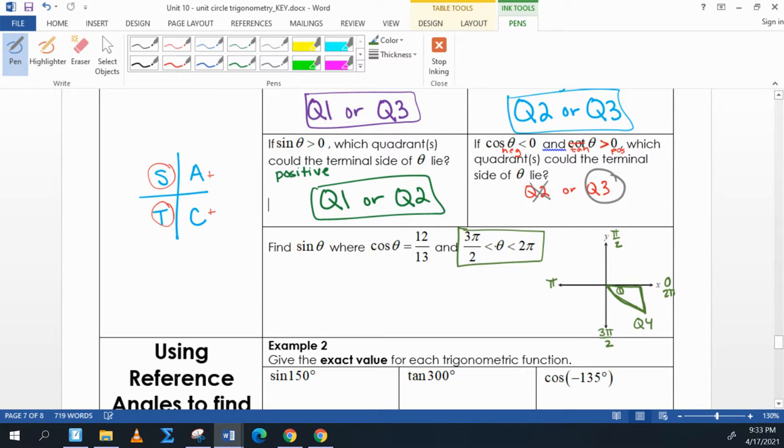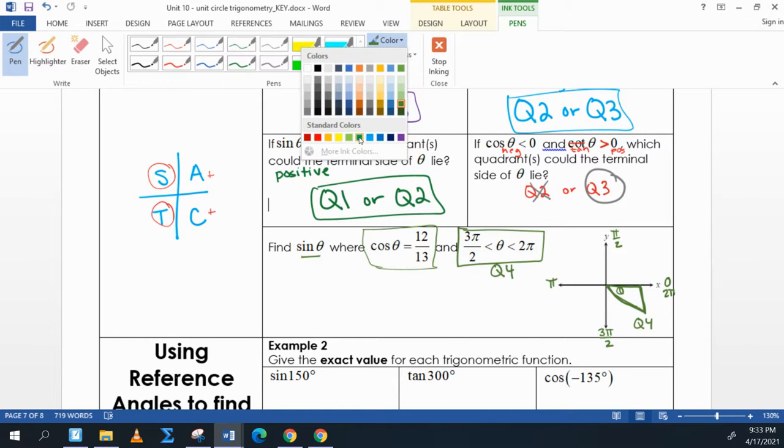So that's what this tells me, that my triangle is in quadrant 4. Other than that, it's going to tell me a little bit about the signs. Notice that the cosine is positive in quadrant 4, and they gave me the cosine. It was positive. However, my tangent and my sine, they're asking for the sine, are both negative. So I'm going to have a negative number, kind of keep that in mind.